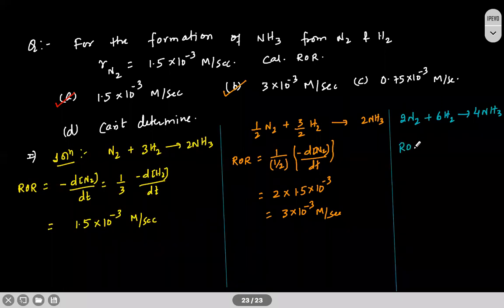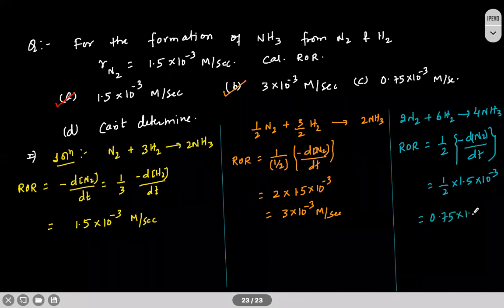What is ROR then? Is this fine? Tell me. 0.75 into 10 power minus 3. You see, I'm getting C option also. All the options are correct. Now, is this wrong? The third one?